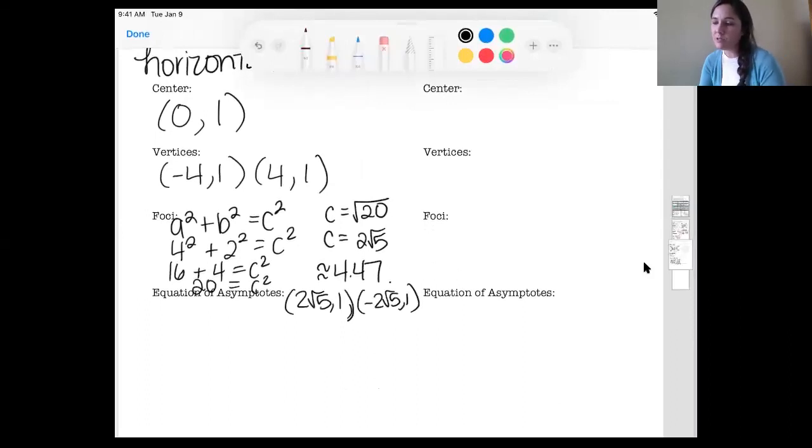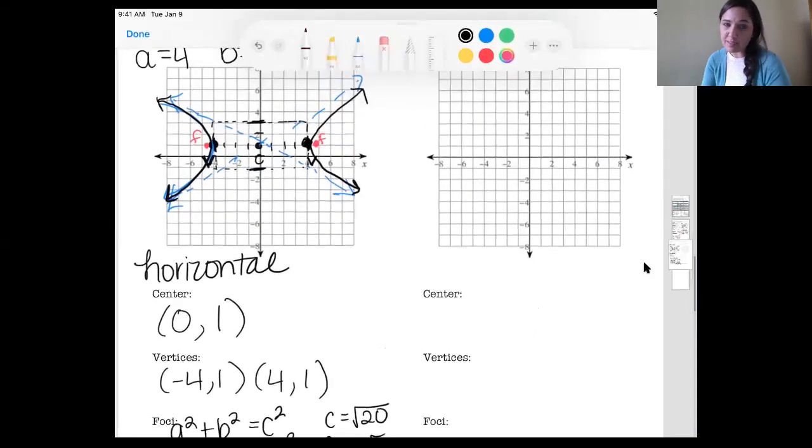All right, now we need the equation of our asymptotes. So for this example, it's actually quite easy. I can clearly find my y-intercept here. I could just look at the graph and find the y-intercept, which is just at +1. And then I see my slope here. So here's my y-intercept.